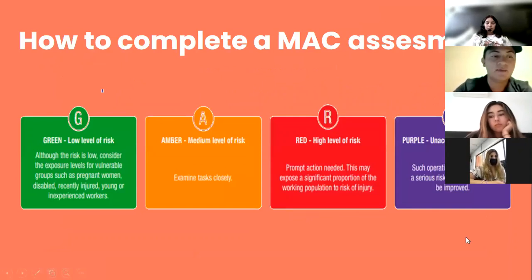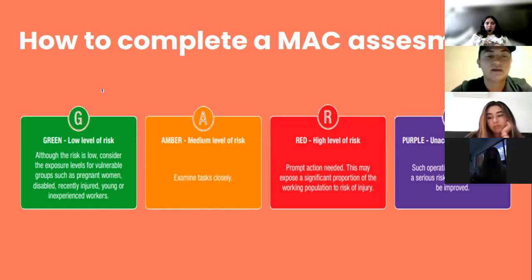The first color is green, which means low level of risk. Although the risk is low, consider the exposure levels for vulnerable groups, such as pregnant women, disabled, recently injured, young or inexperienced workers. Then we have the yellow, or amber, which means medium level of risk and says to examine tasks closely.